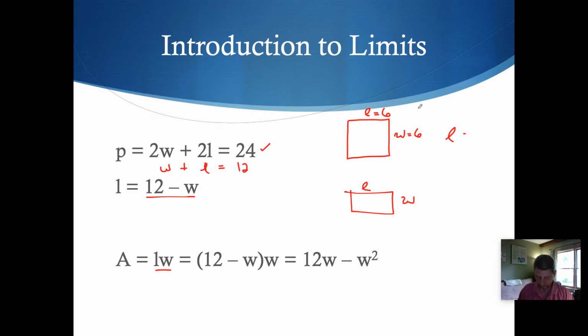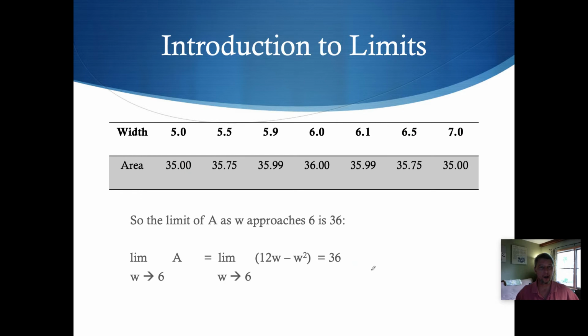Now, so if my width value is 6, and I'm going to use the formula for area as 12w minus w squared, then what I can do here is build myself a limit table where I put width in one row and area in the other row.